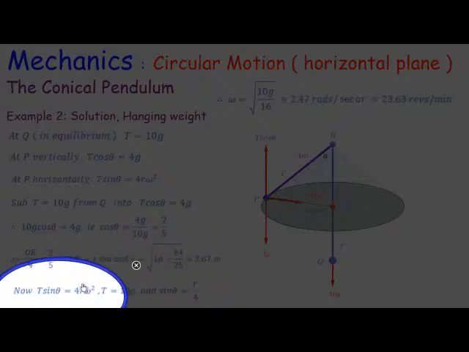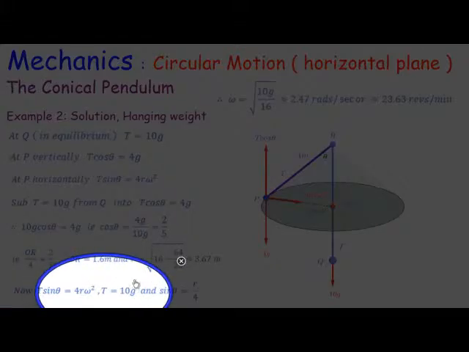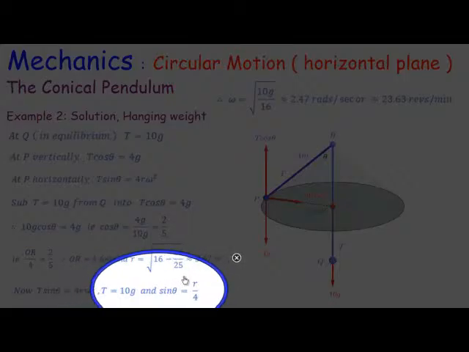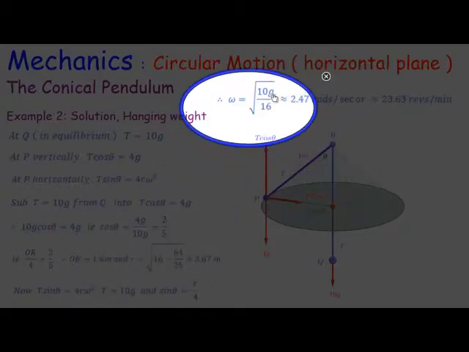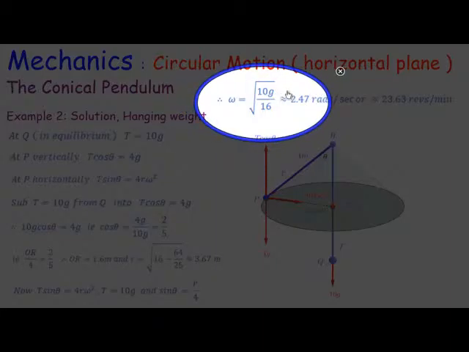Now, we know that T sin theta is equal to m r omega squared, and we know T is equal to 10g, and we can sub that in. We know that r is 4 sin theta, and you can see here the sin thetas would cancel, and we'll be able to get an expression for omega.